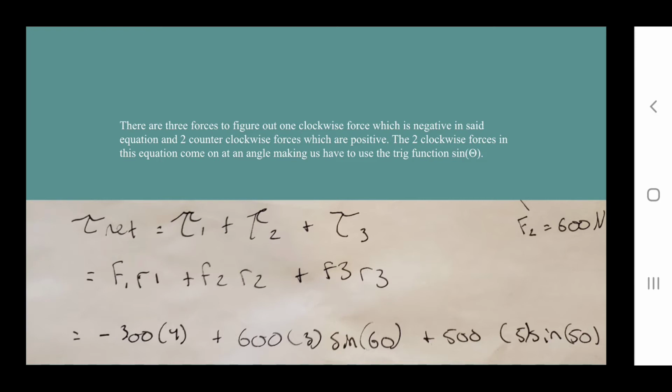So what we have here is negative 300 times 4, which is the radius the force is applied on the bar. Then the force that's applied on the bar of 600 at the angle of 60 is multiplied by 3 because that's the radius, and sine of 60 because it's coming on at an angle, and so on.